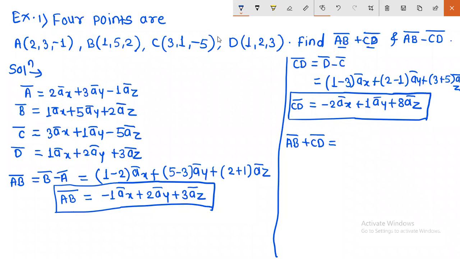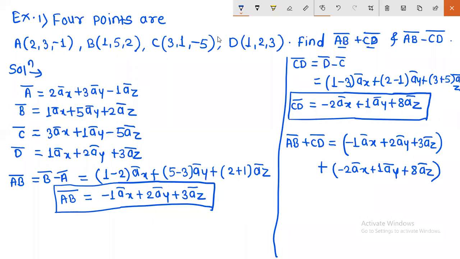AB bar is minus 1 a bar x plus 2 a bar y and plus 3 a bar z, and plus CD bar, which is minus 2 a bar x plus 1 a bar y and plus 8 a bar z. So this AB bar plus CD bar is equal to, just tell me what is this?